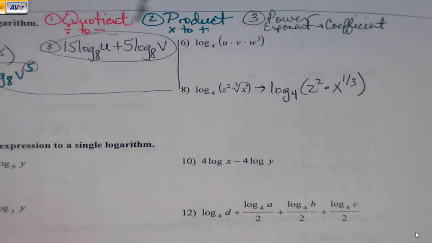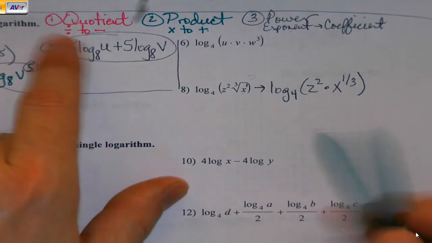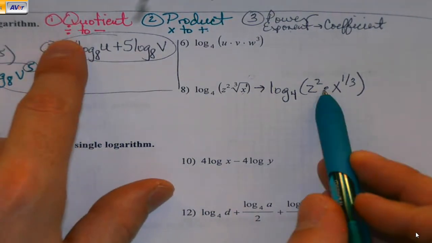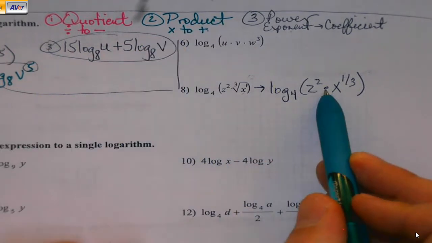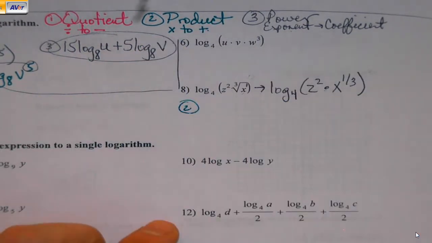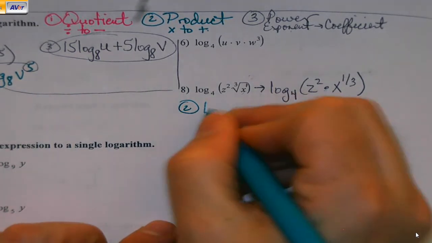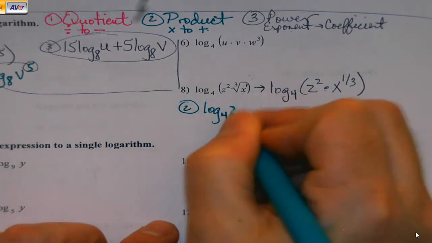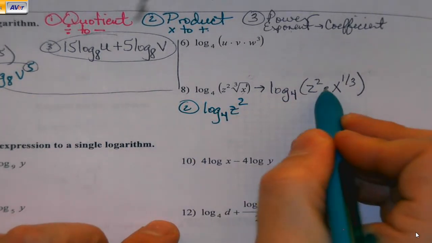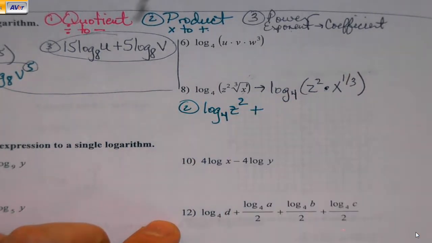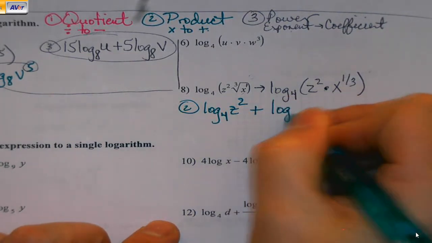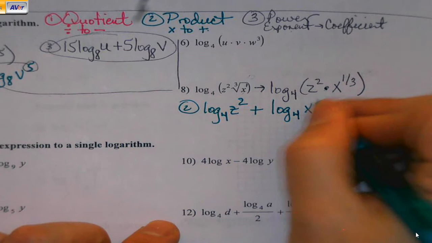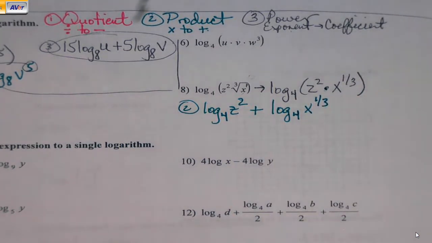So what we're going to do instead is just start going down our list. Do I see any divide? Nope. Do I see any multiply? I do. So the multiply, log base 4z squared, the multiply is where my plus comes into play. And then again, we repeat the log 4 with my x to the 1/3.